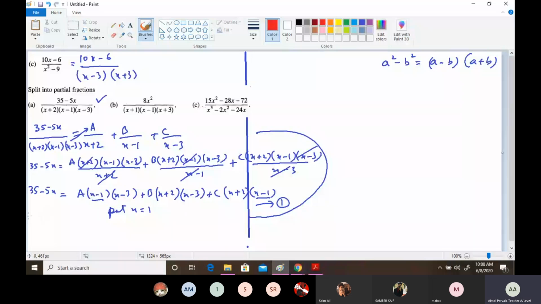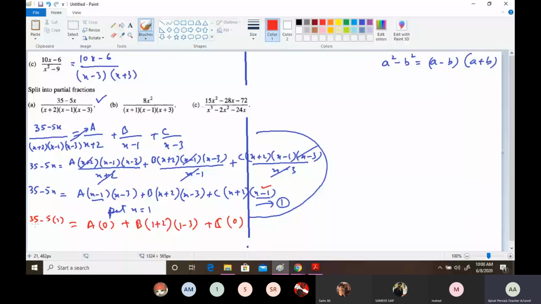When we put x equals 1, the left side becomes 35 minus 5 into 1. And this side whole will become 0. No need to write anything. Plus b, here it will be 1 plus 2 and 1 minus 3. And c, this will also become 0 because there is a factor over here which will make it 0.